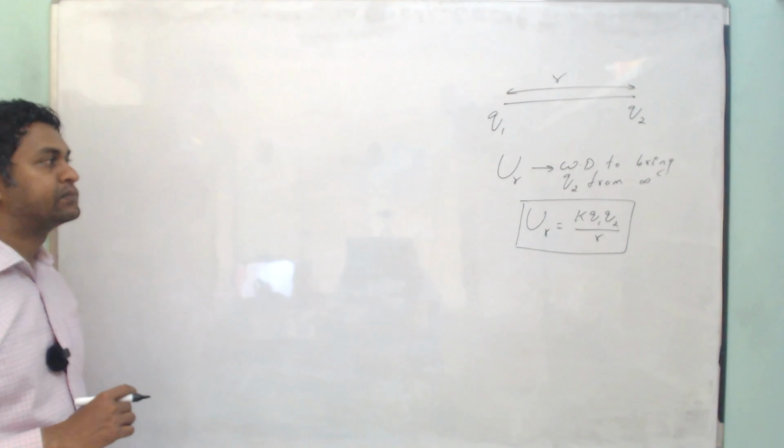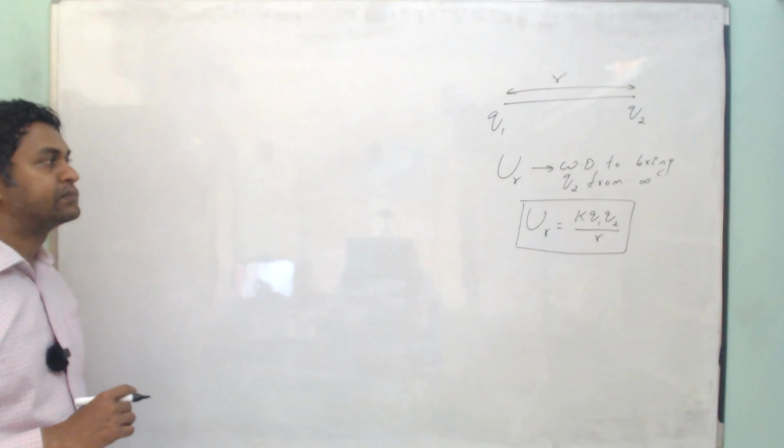Now, suppose I have two charges, Q and Q. This is the x-axis, this is the y-axis. Take this point as (minus a, 0) and this point as (plus a, 0). I am bringing a charge 2Q from infinity to the point (0, 2a).